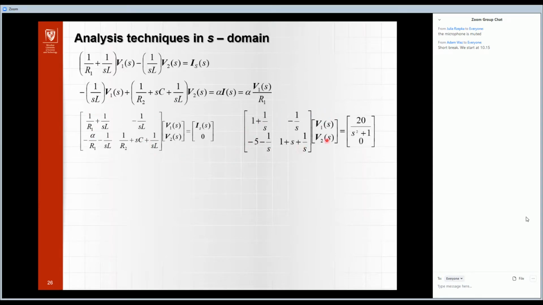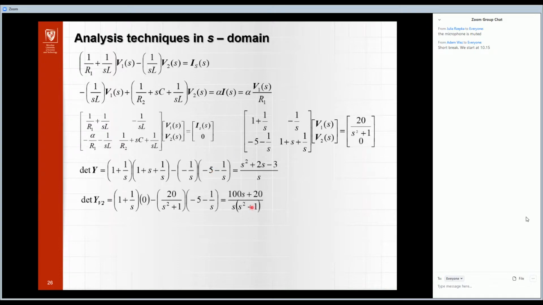Okay, so we have the matrix, and now we can substitute the values and calculate the determinant of the main matrix. Just knowing the method for that, and because I want to know V2, instead of this column I substitute this value.